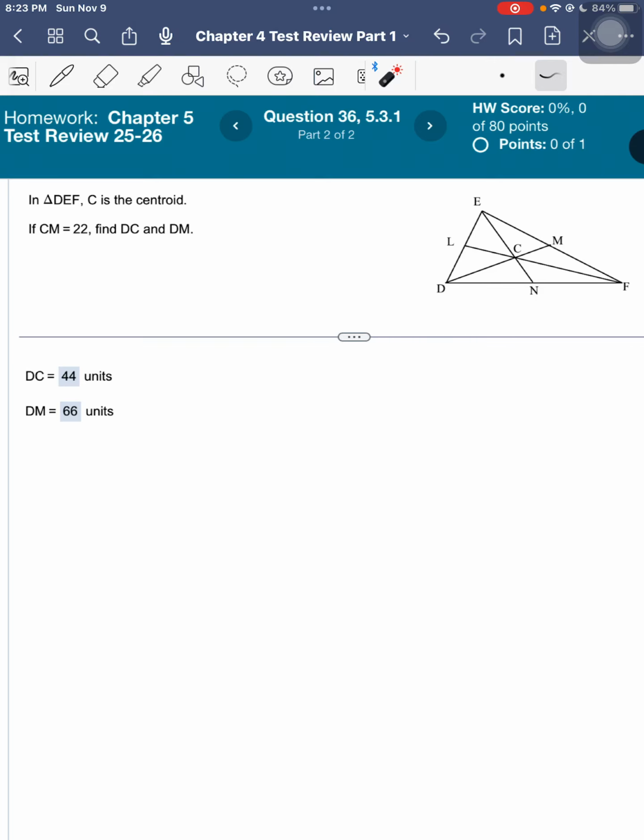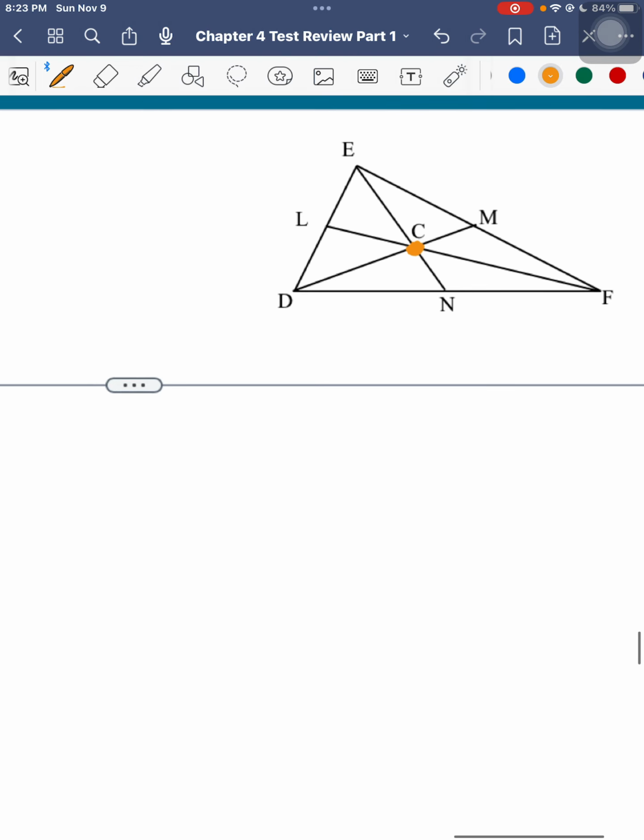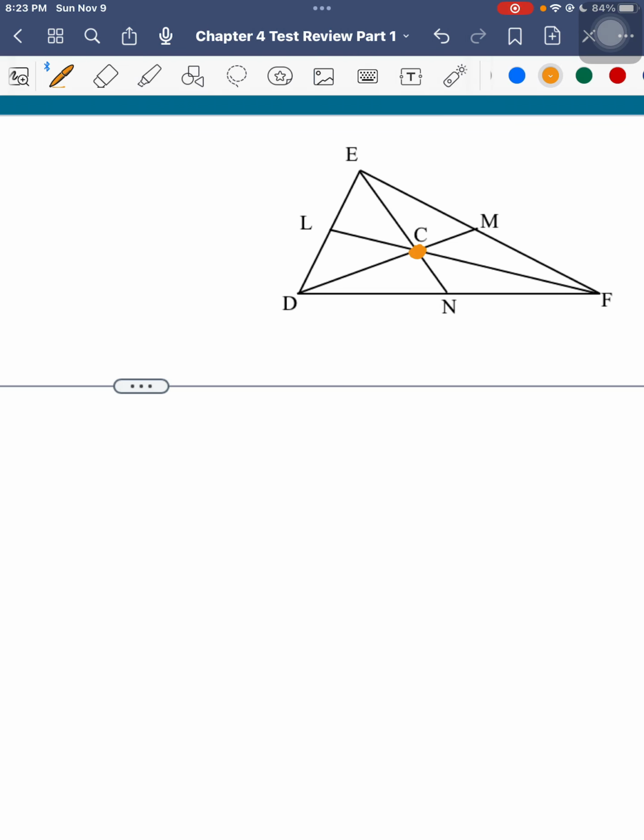In triangle DEF, C is the centroid. So if C is the centroid, then that means I have 3 medians. And what do I know about medians in a triangle? I know that these medians, let's take EN as an example, this median is split up into 2 portions. I have a 2/3 portion and a 1/3 portion.